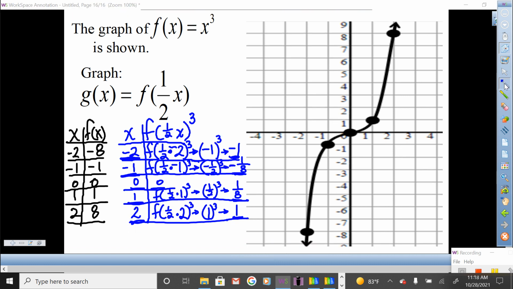We got (-2, -1), (-1, -1/8), which is close to the x-axis, (0, 0), (1, 1/8), also very close to the x-axis, and (2, 1).